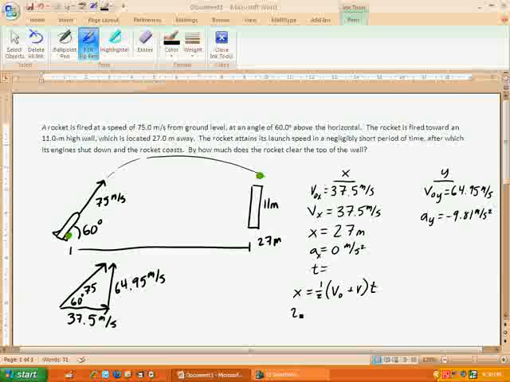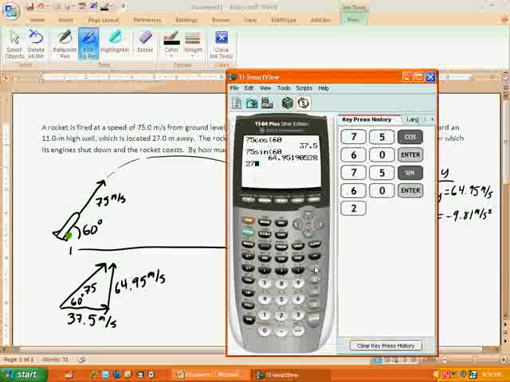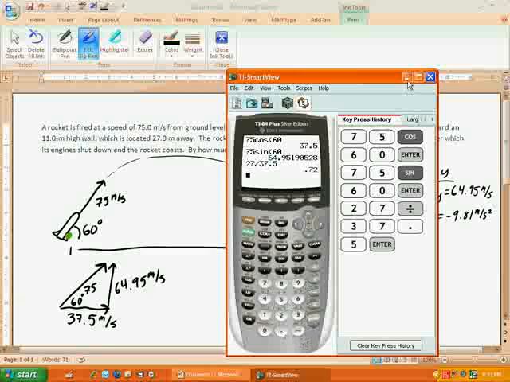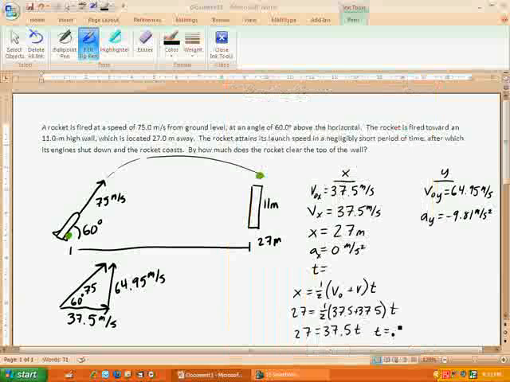So 27 equals 1/2 times 37.5 plus 37.5, times t. That means 27 is equal to 37.5 t. Dividing both sides by 37.5, time equals 27 divided by 37.5, and we find it's only 0.72 seconds. So that's my time.